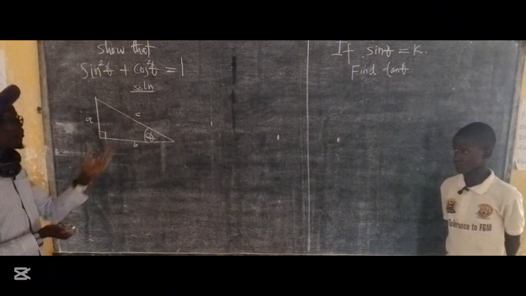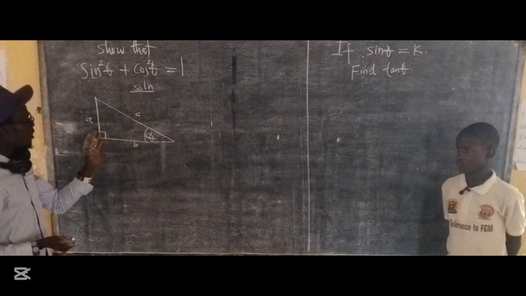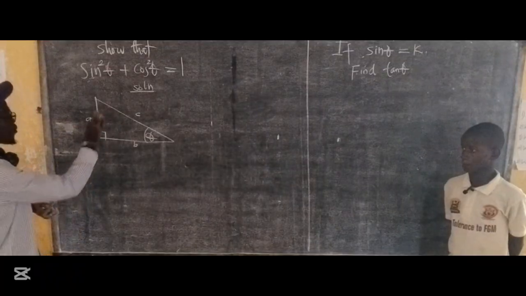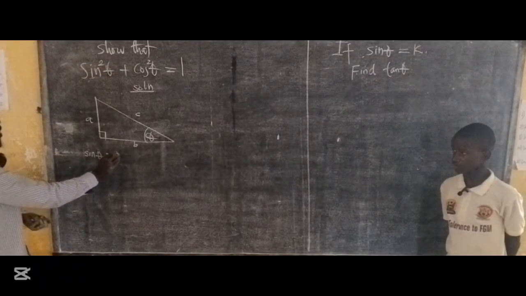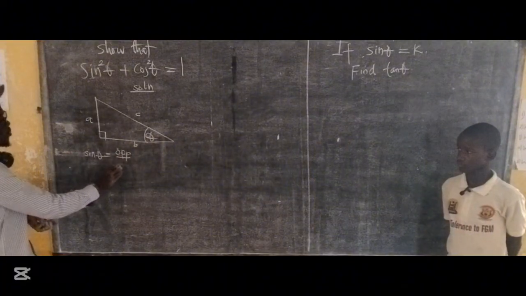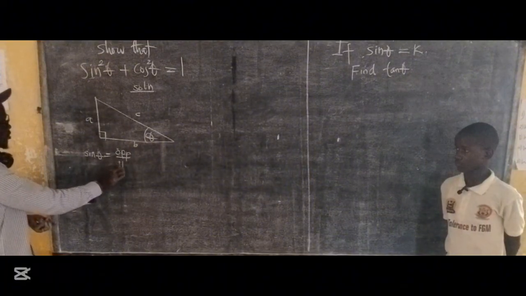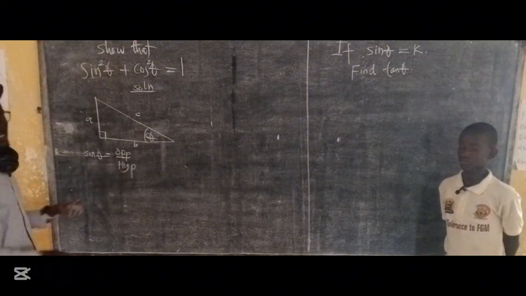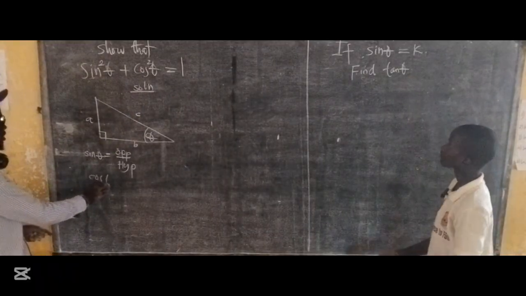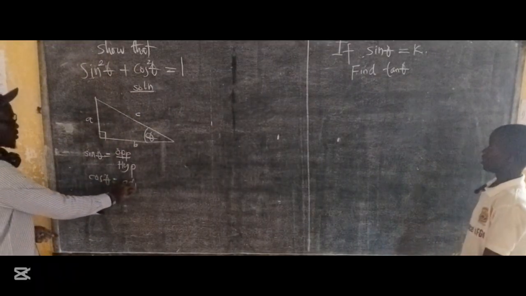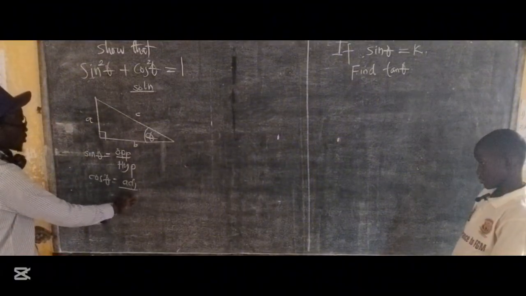Now remember for sine, we know sine theta is equal to opposite upon the hypotenuse. Then for cos theta, it is adjacent upon the hypotenuse.